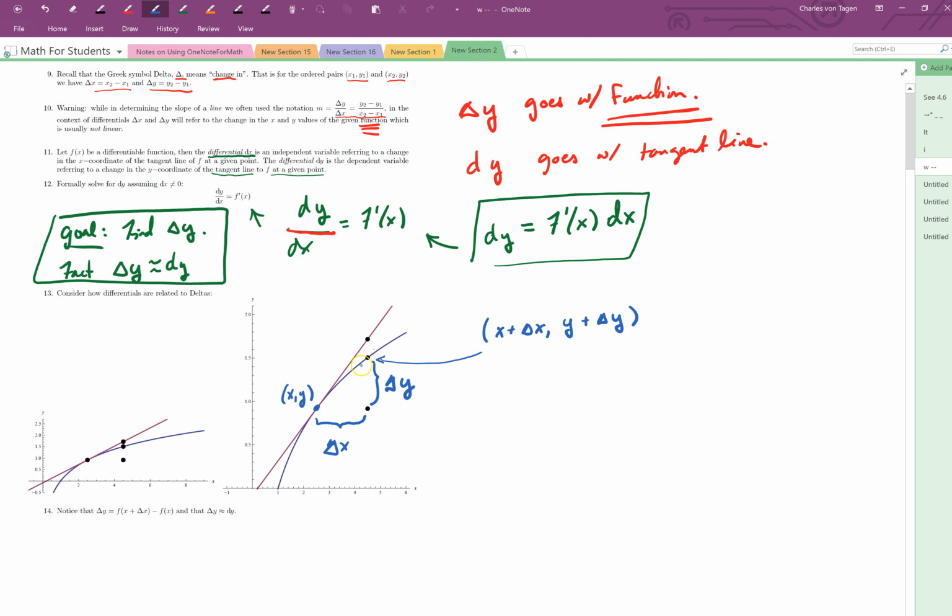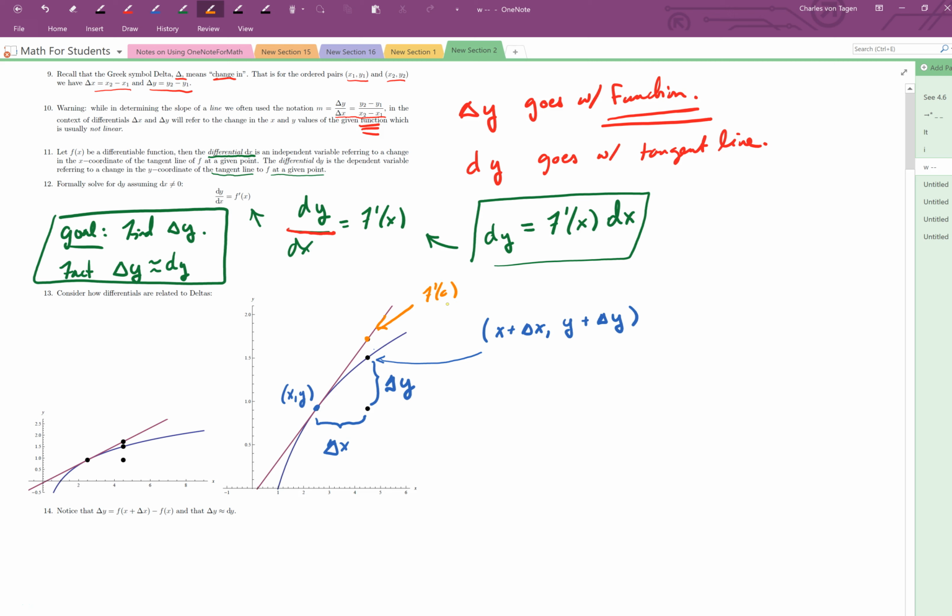Well, just like in our linearization, finding this point on the curve can be tricky. So rather than doing that, what we're going to do is talk about finding this point on the tangent line. Okay? And this point on the tangent line is simply f prime of a.